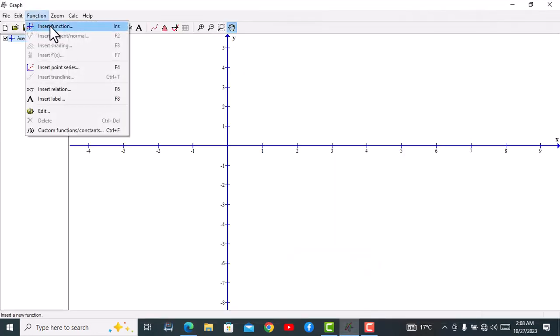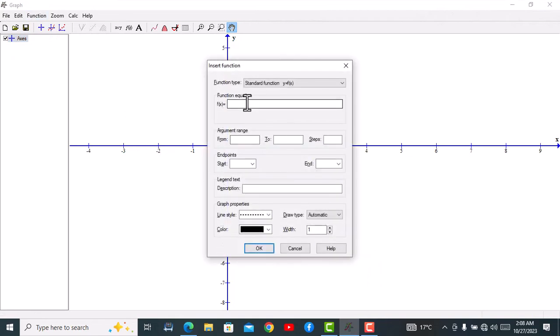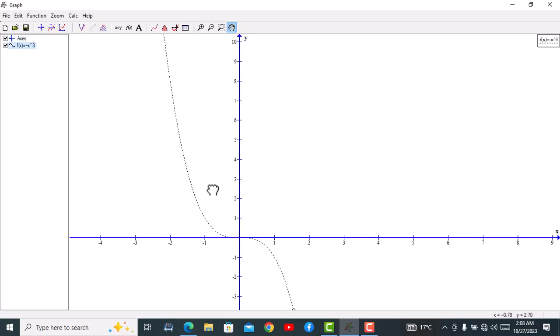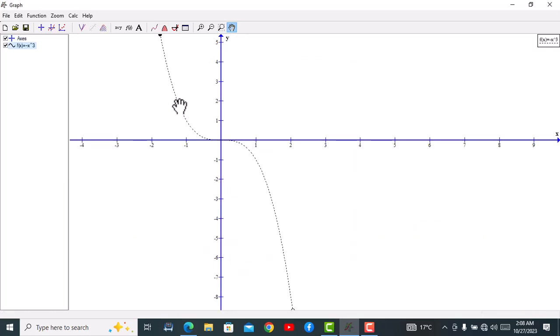So I'll just come here and say minus x to the exponent of 3. And I want to draw that. This is the function that I have from positive infinity to negative infinity in terms of the values of y. And what is it that I want to do here?